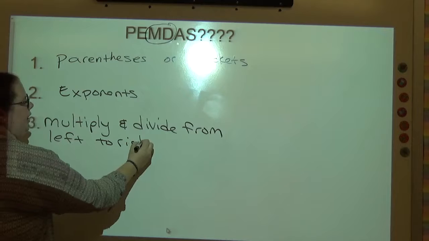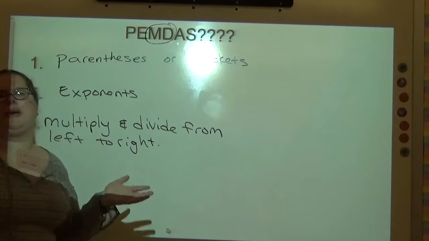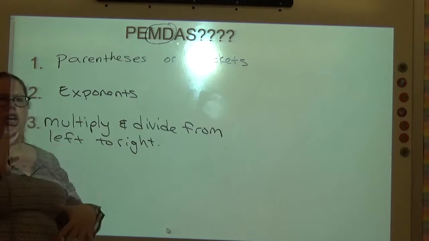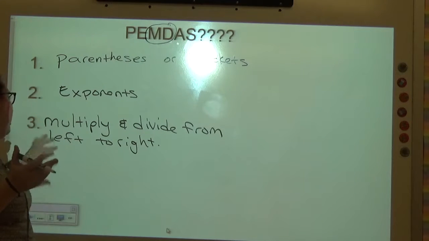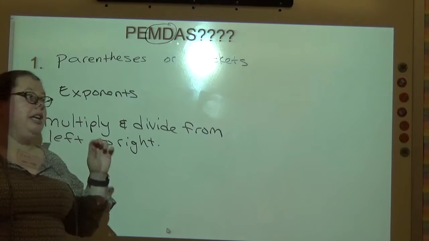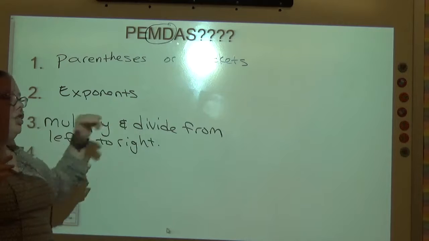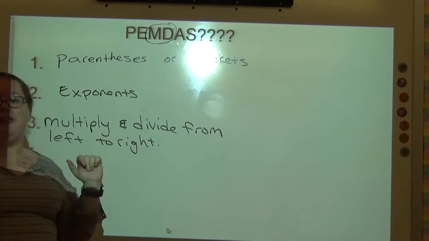I see a lot of stuff on Facebook all the time, these simple order of operations problems, and people are always arguing, and it's always because they mess this up. People always want to multiply first, then divide. But it's not. It's from left to right. So if division comes first, you're going to divide first.